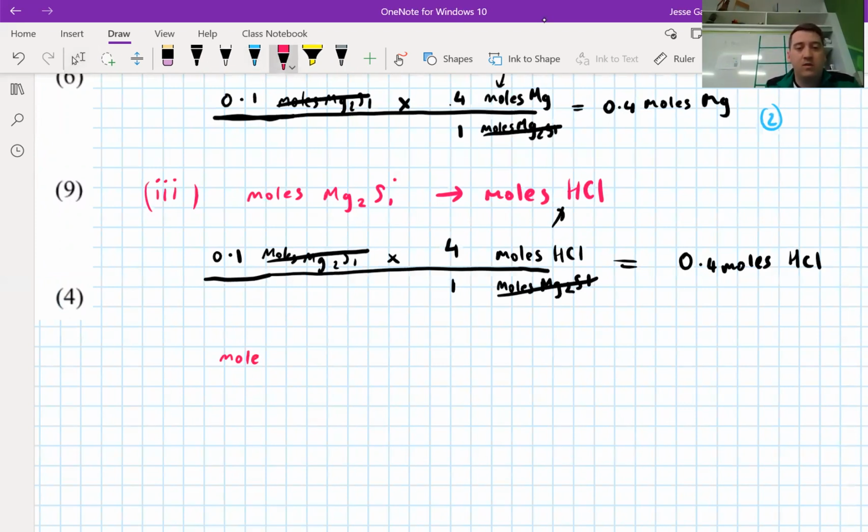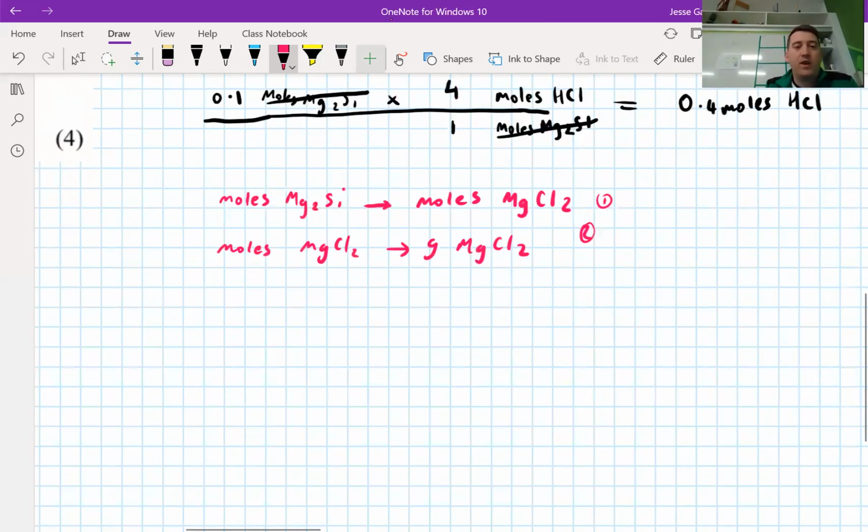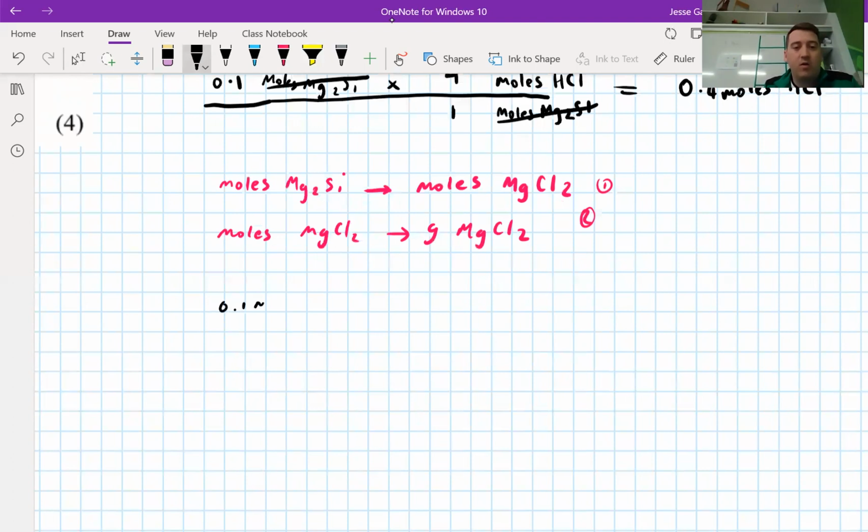We're going to go from moles of Mg2Si to moles of MgCl2. That's our first conversion. And then we're going to go from moles of MgCl2 to grams of MgCl2. So 2 steps in this. All right, so we've already learned that we've got 0.1 mole of Mg2Si.